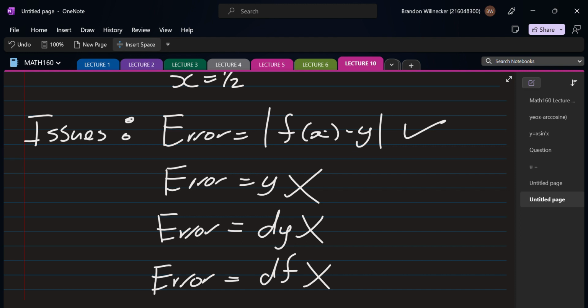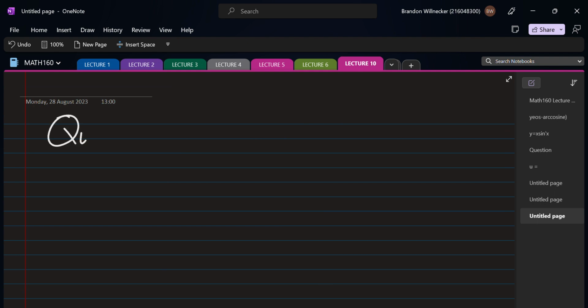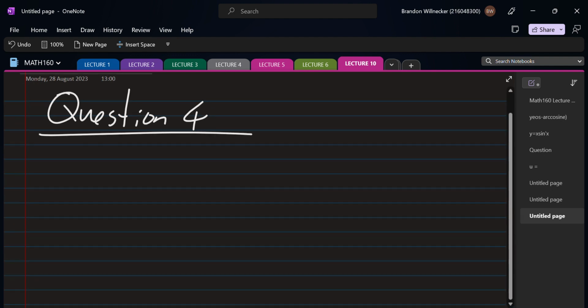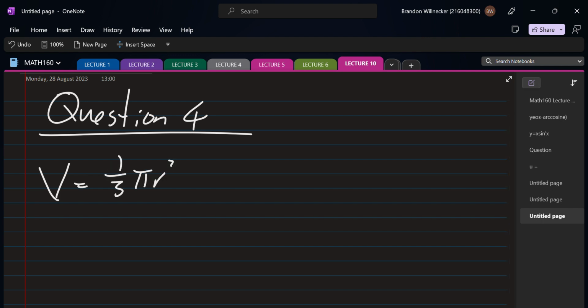Okay, question 4. Here we had the volume of a cone. So that was 1/3 pi r squared h. We're given some dimensions for the cone.